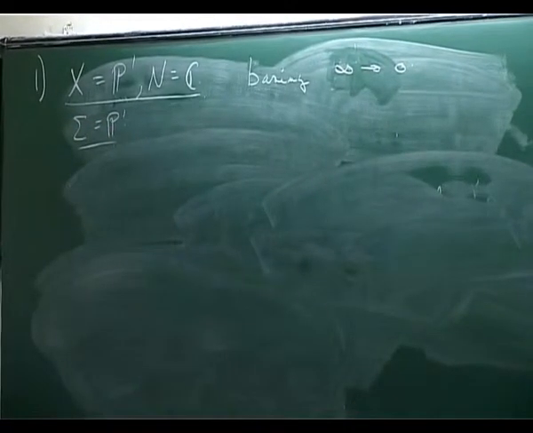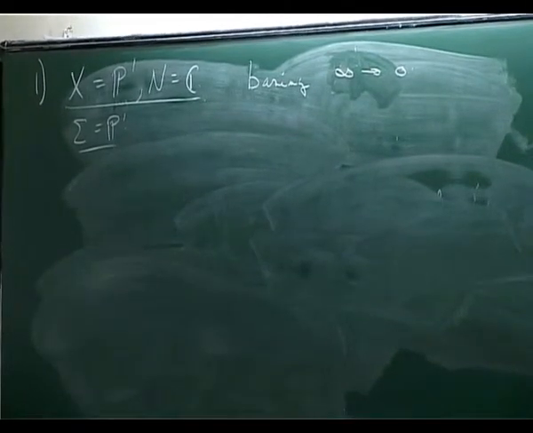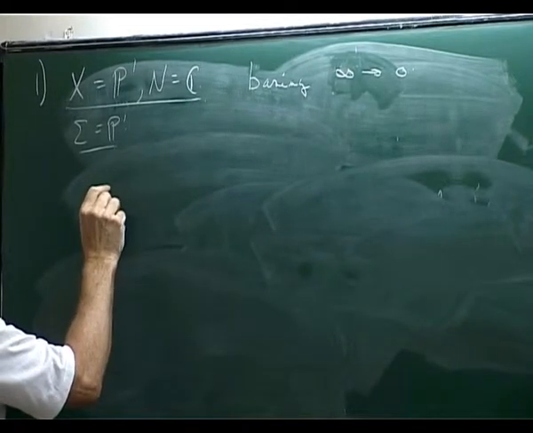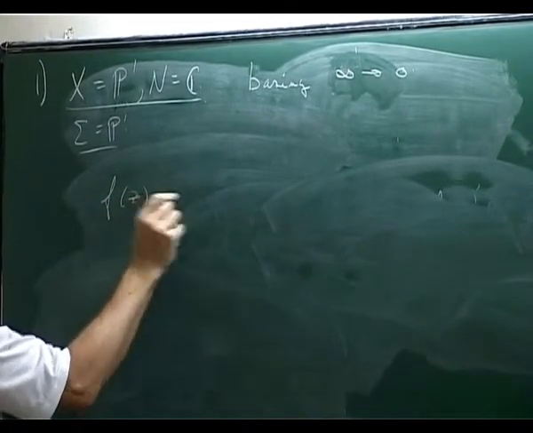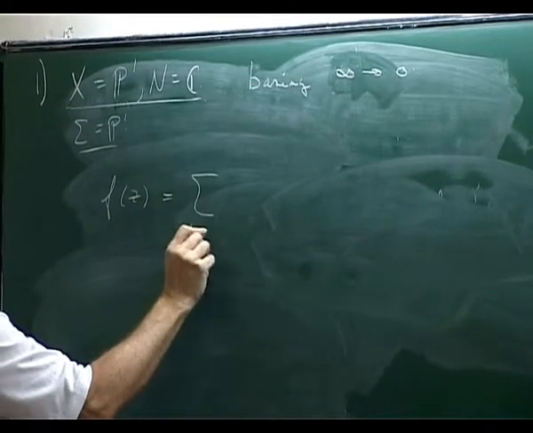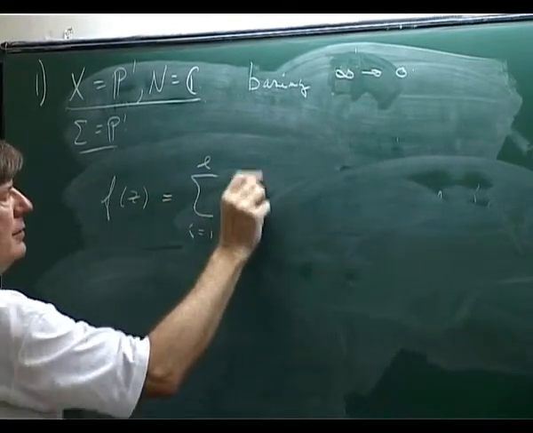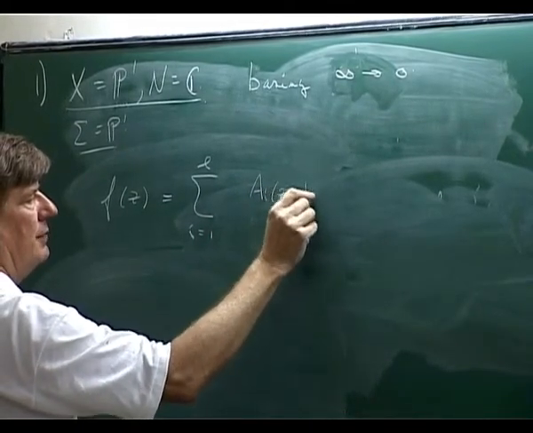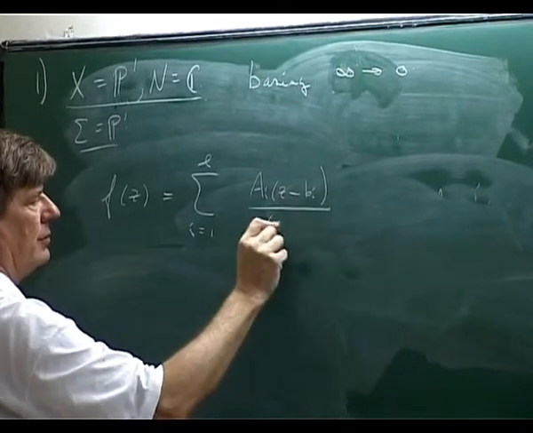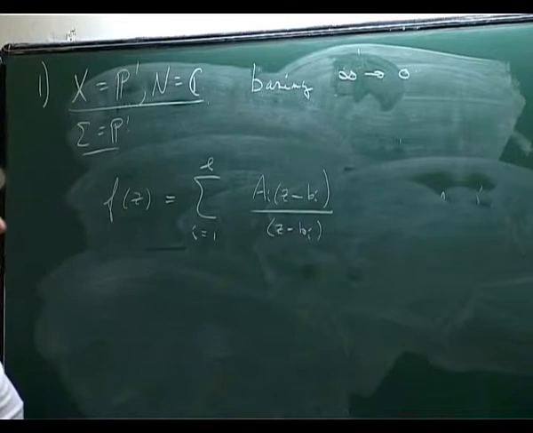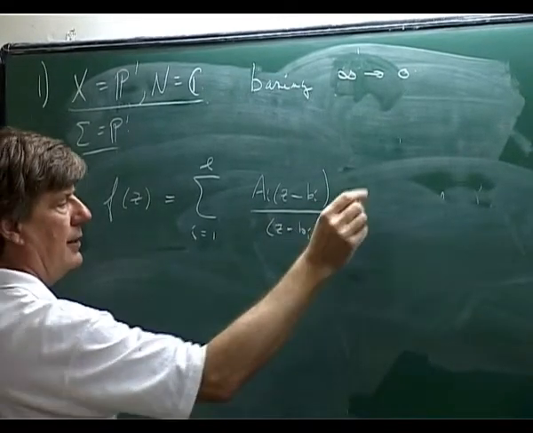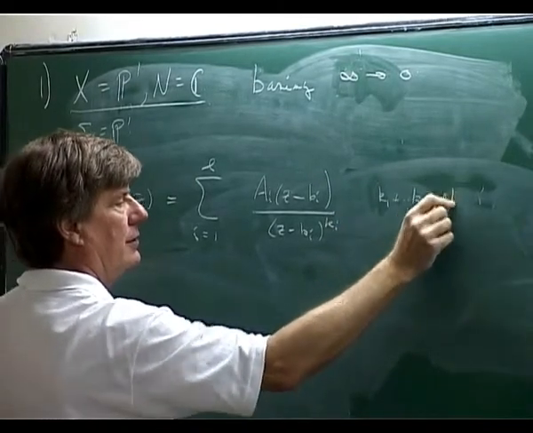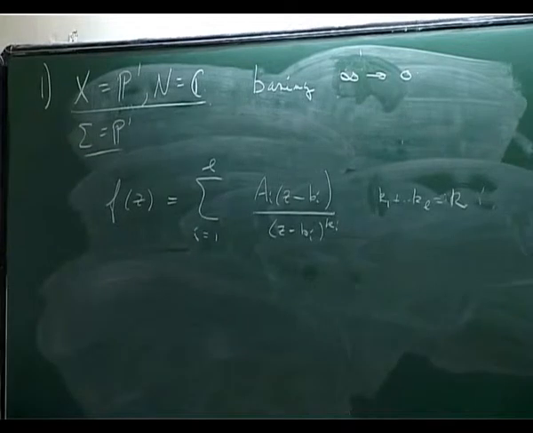Now, the basic fact is you can write any such map quite explicitly as a sum, i equals 1 to L, of A_i of Z over (Z minus B_i) to the K_i, where K_1 plus through K_L is the total degree K.